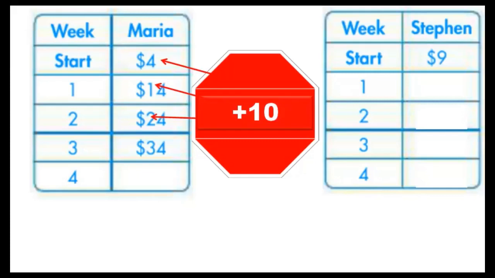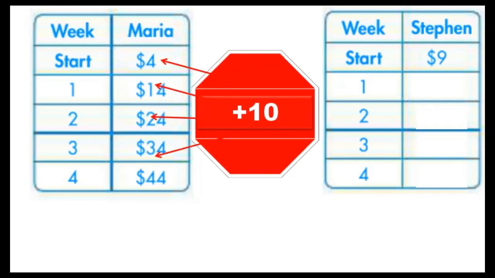So the amount of money she saved in the third week equals $34. What about the fourth week? You are going to do the same. 34 plus 10 will be 44. So we get all the missing values now inside the table.